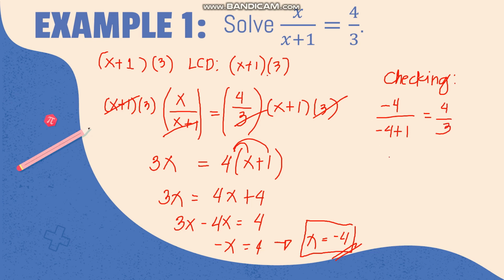The denominator negative 4 plus 1 is negative 3. Since both the numerator and denominator are negative, you can simplify them. Negative divided by negative is positive, so we have 4/3, which is equal to 4/3. So it's correct. That means x equals negative 4 is our solution.